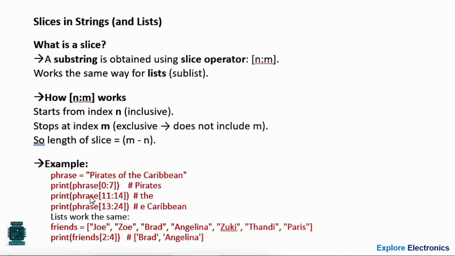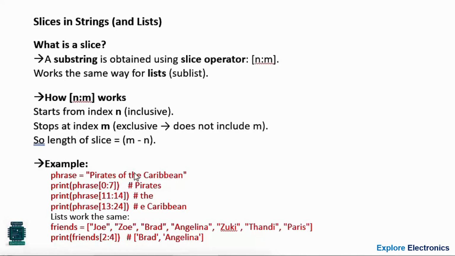And if I print phrase of 11 to 14, let us see: 0 1 2 3 4 5 6 7 8 9 10. 11 means T, 12, 13. Here I have taken 14.